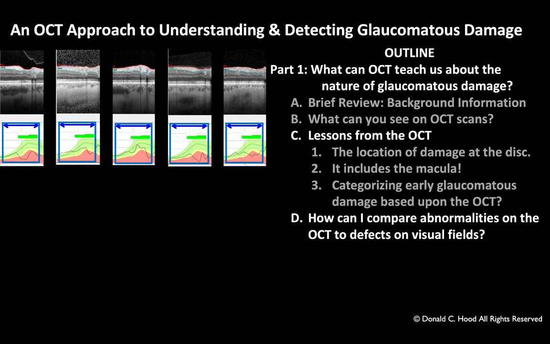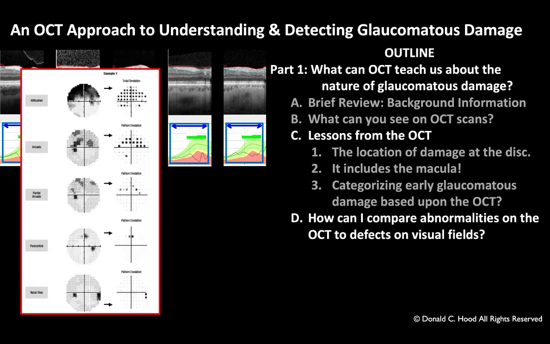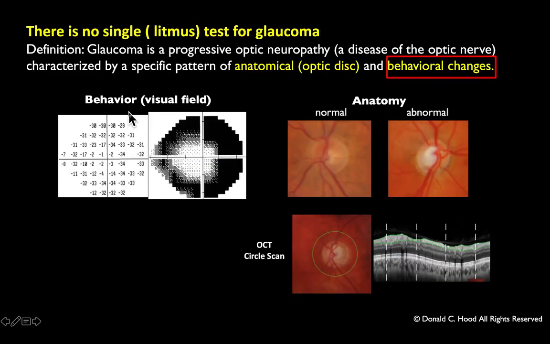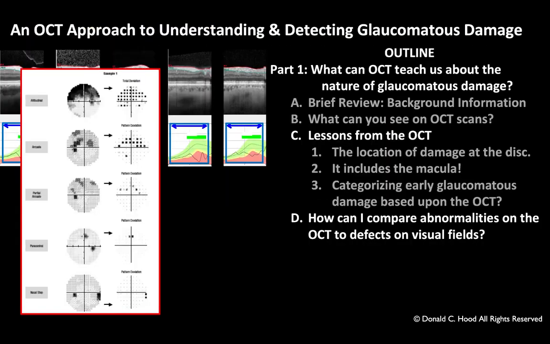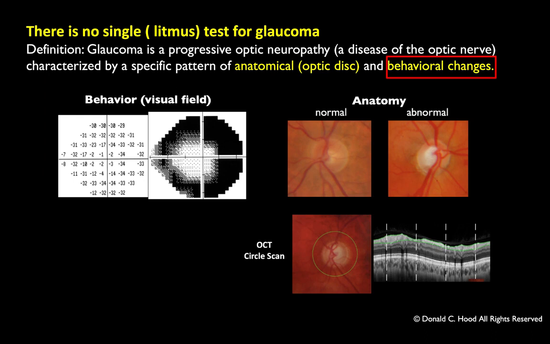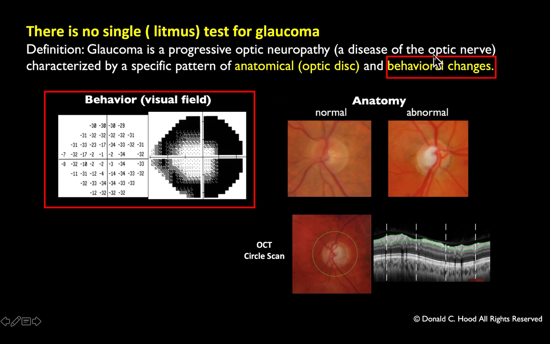Okay, so finally, how can I compare abnormalities on the OCT to defects on the visual field? Well, here's a classic categorization of visual fields. And we'll come back to that in a moment. First, let me just go back and remind you that there's no litmus test, and we're looking at a specific pattern of anatomical and visual behavioral changes.